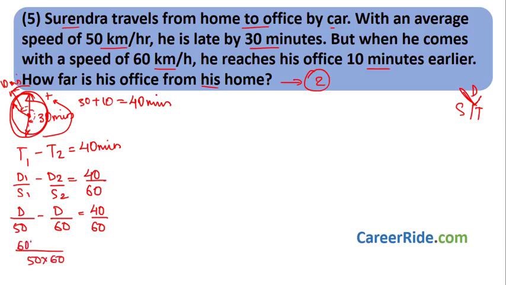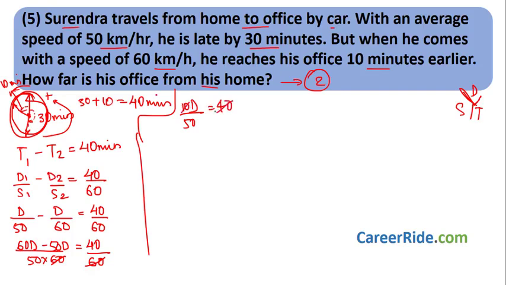We get 60D minus 50D equal to 40 upon 60. 60 gets cancelled. We get 10D upon 50 equal to 40. So D equals 50 into 4, that is 200 kilometers. So the distance between home and office for Surendra is 200 kilometers.